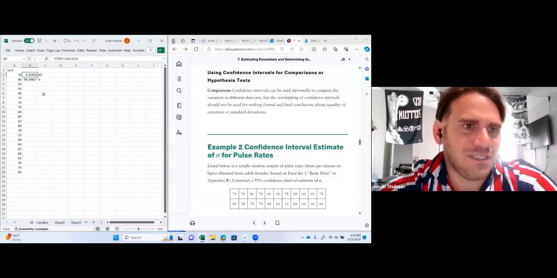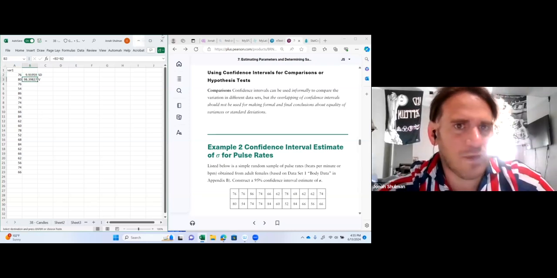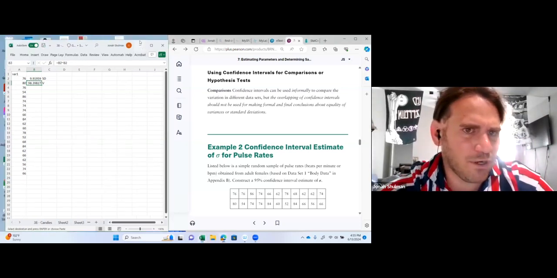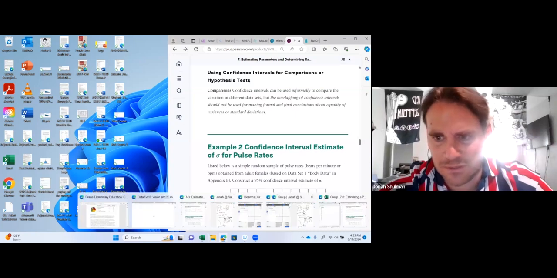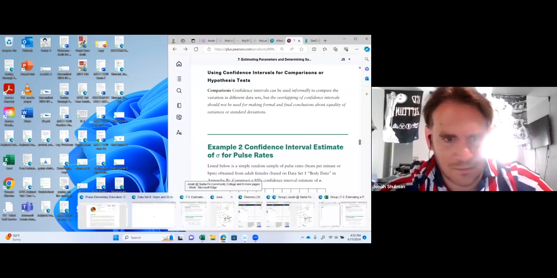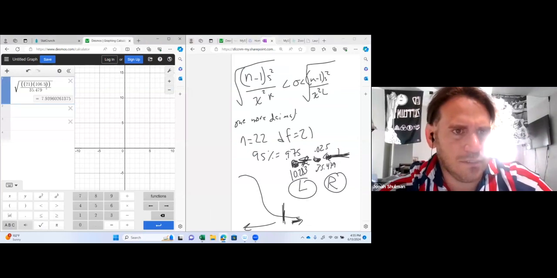And that changed this to 9.91, and it made my variance 98.39. There's the value, 98.3 or 98.4. So we go right back to the Desmos. And it should be 98.4.